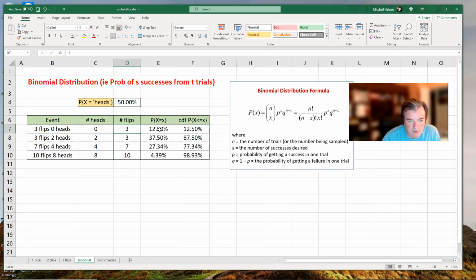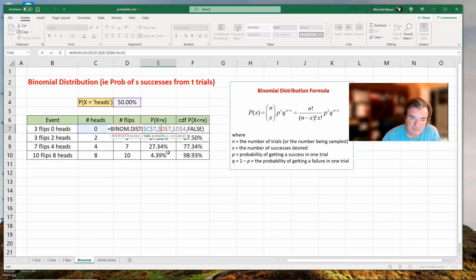What's the value? So binomial: bi means 2, nomial means numbers, 2 numbers. We're flipping the coin 3 times and counting up how many heads. So we need a function that has 3 and 0 as parameters.